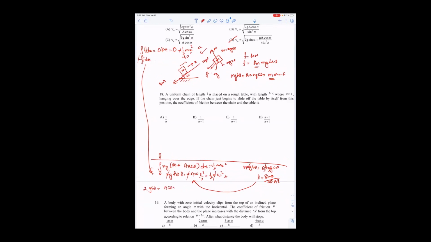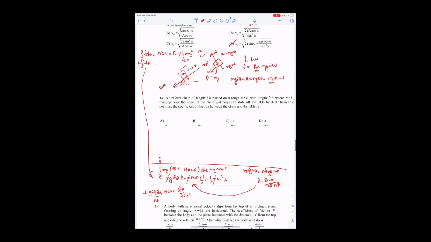Plus a cos theta into, here L is sin theta by a. Oh, another L, I mean, okay. Plus a cos theta into sin square theta by cos square theta into a square. How come I'm missing something?